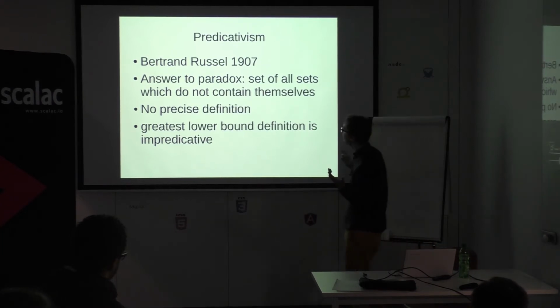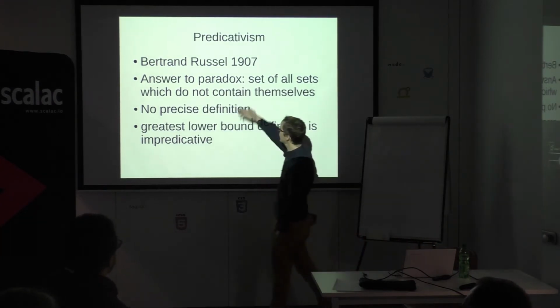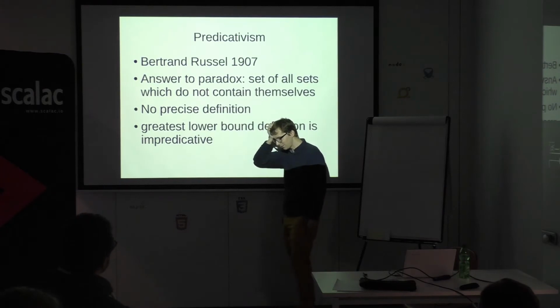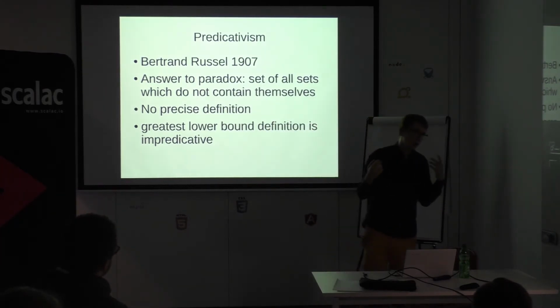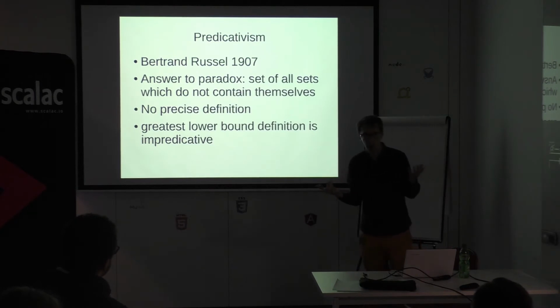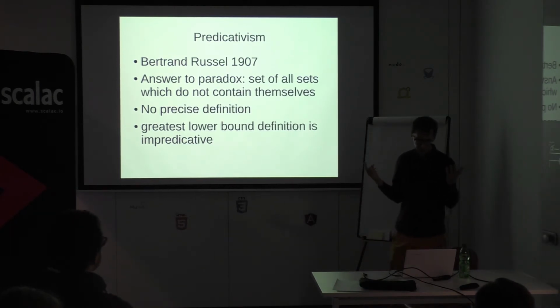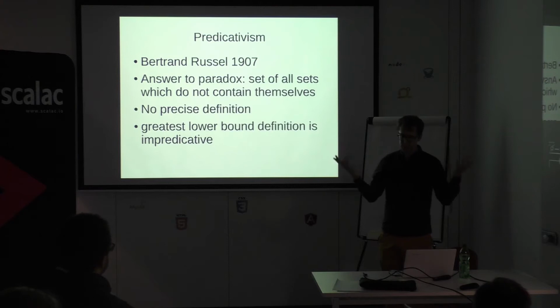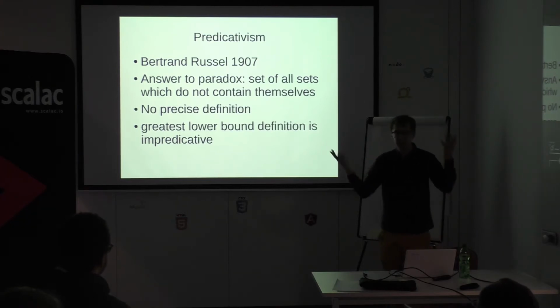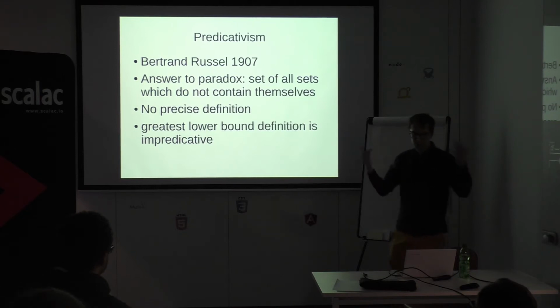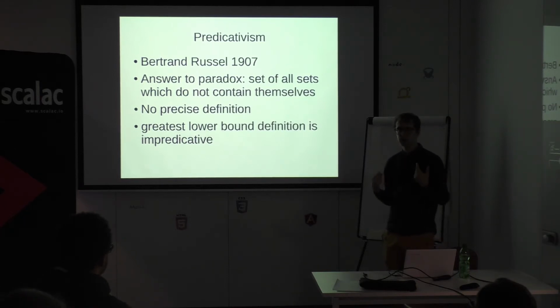The notion of predicativism was introduced by Bertrand Russell in 1907, and that was his answer to the paradox he came up with. So this is the famous Russell paradox. He considered the set of all sets which do not contain themselves.